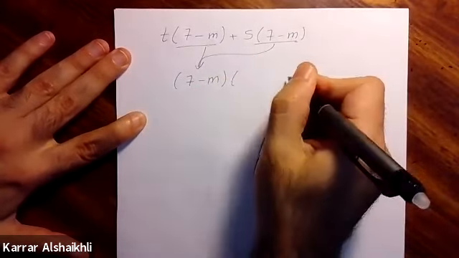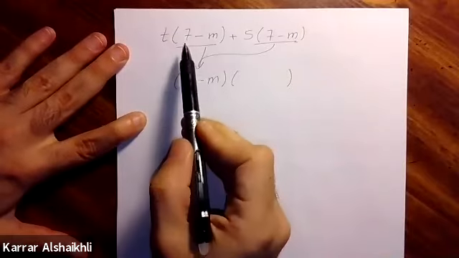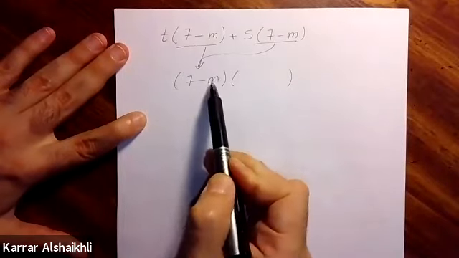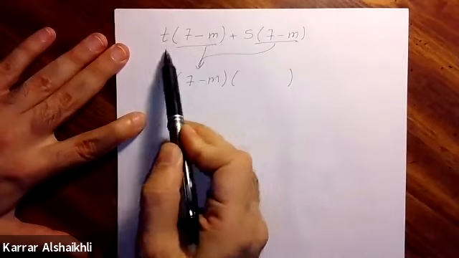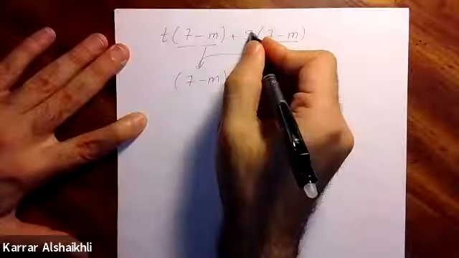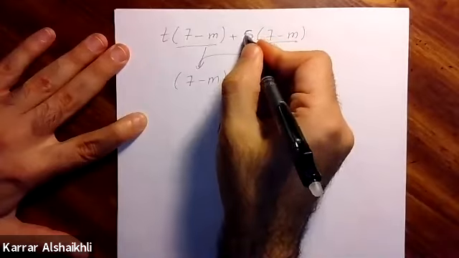I'm going to open another parenthesis. 7 minus m exists here. So the leftover from the first part is what? T. I write down the t, and plus 5. This is s, not 5. So 7 minus m exists here.